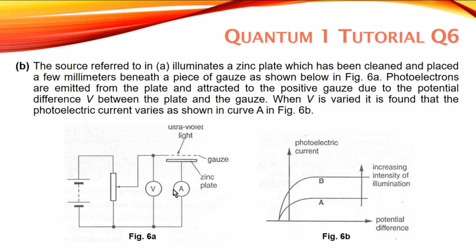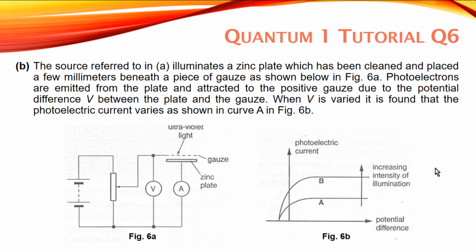This current reflects how many electrons are collected by the gauze. The more current, the more electrons are collected by the gauze. If there are no electrons collected by the gauze, then you have zero current. So they actually did an experiment using different V and measured the current for different V.